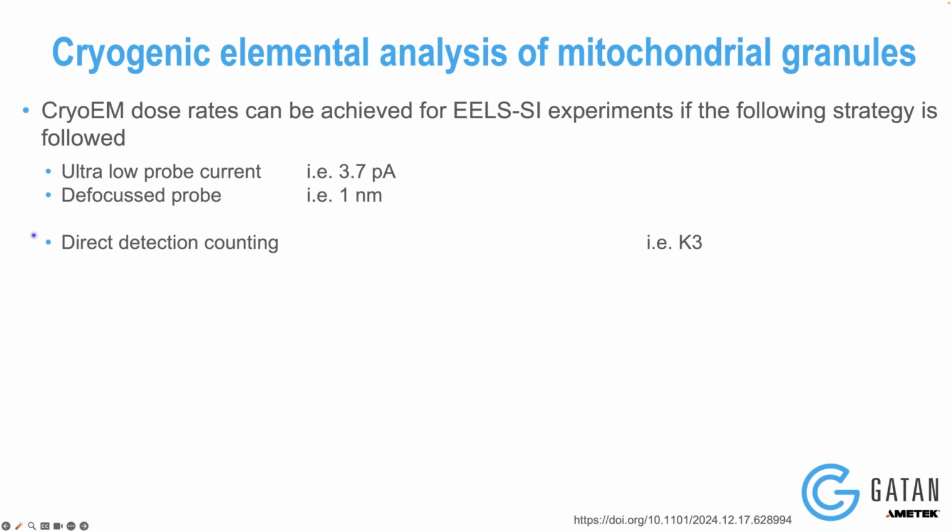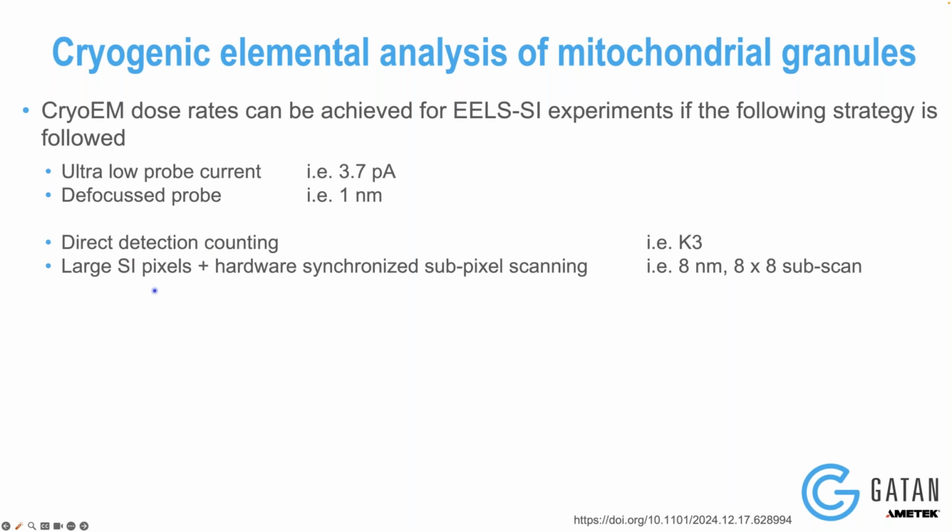Direct detection counting. We have next to no signal with this setup, so we did this with the K3 camera. This is really critical: ultra low current, very weak signals anyway, use a counting camera. The final thing is to make the spectrum image pixels large and leverage the hardware synchronized sub-scanning capability of the Digiscan 3: 8x sub-scan with an 8 nanometer pixel size and a 1 nanometer probe.